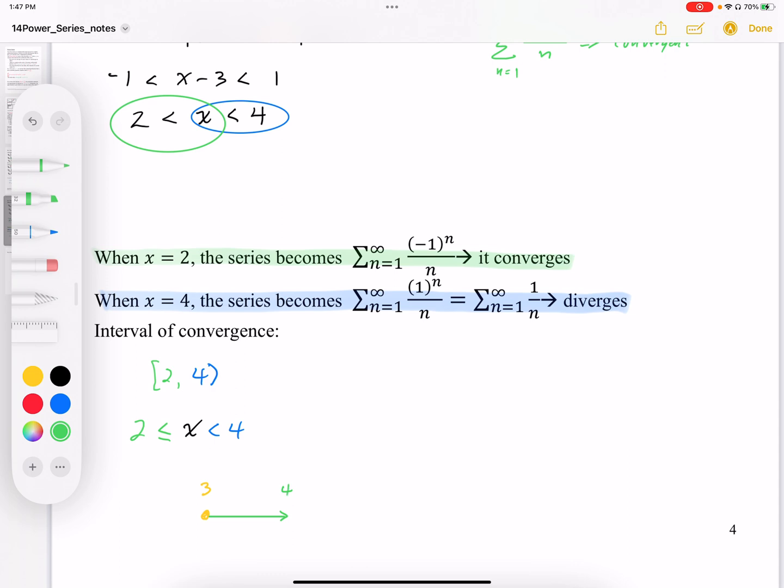So at 4, we had an open interval, and on the other side, at x equals 2, we have a closed interval.